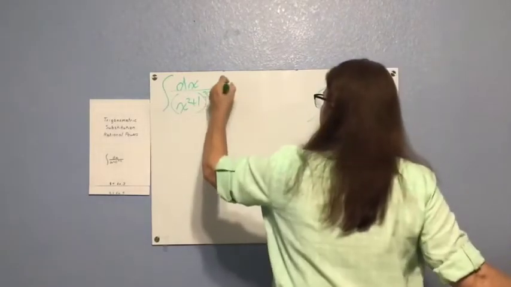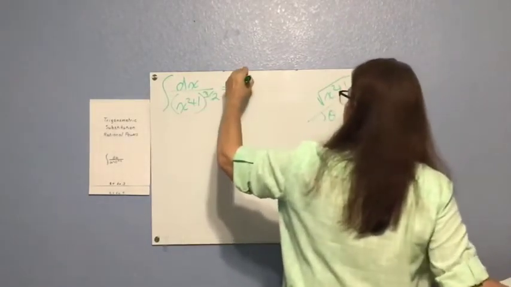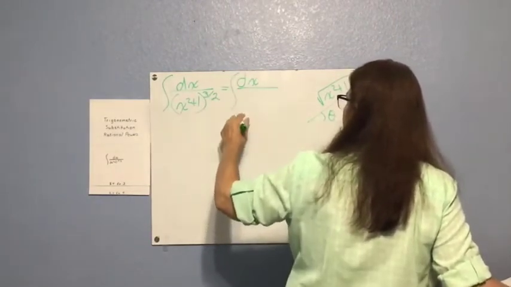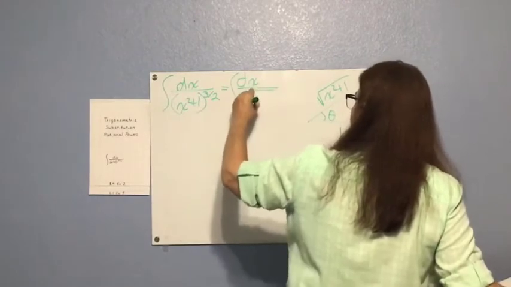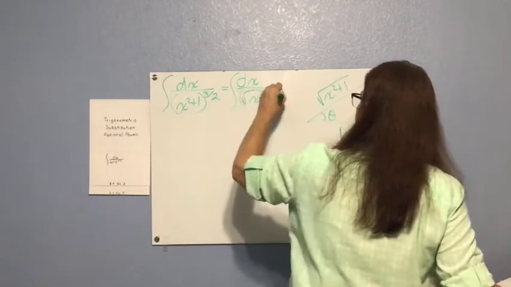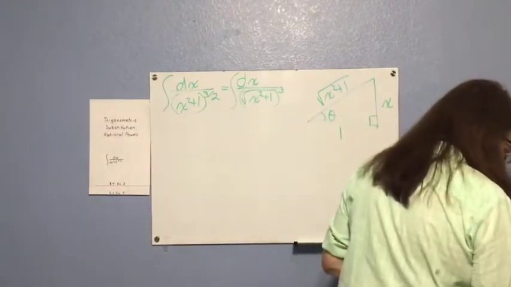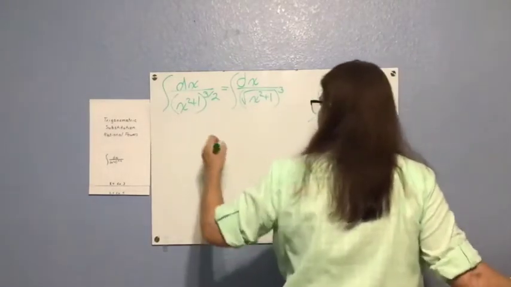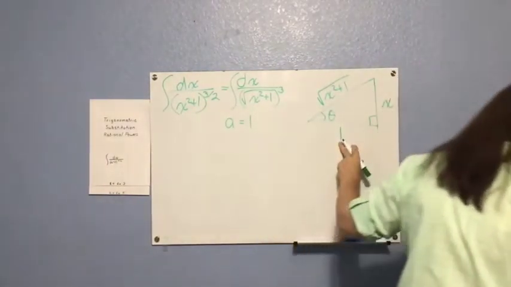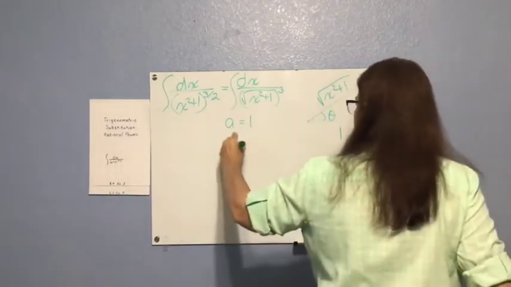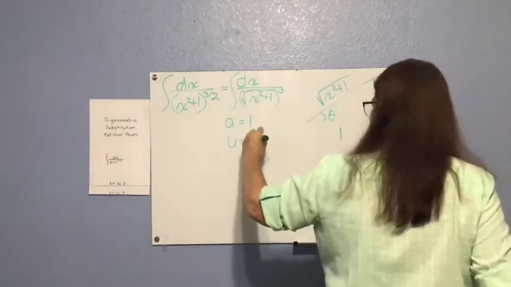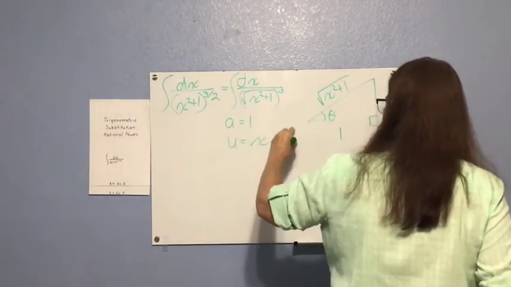Okay, the first thing I'm going to do here is rewrite this with a radical, so I've got the integral of dx over the square root of x squared plus 1, and that quantity to the 3rd power. We're going to let a equal 1, as it is here. U is going to equal x, which is also the tangent of theta.